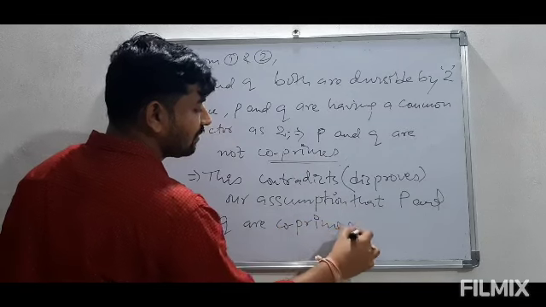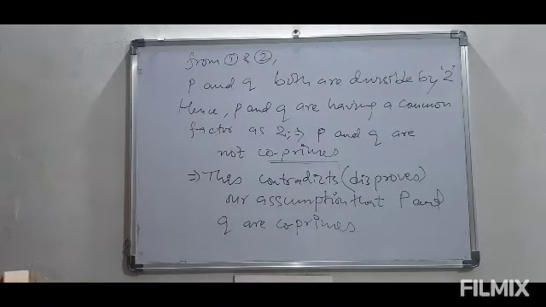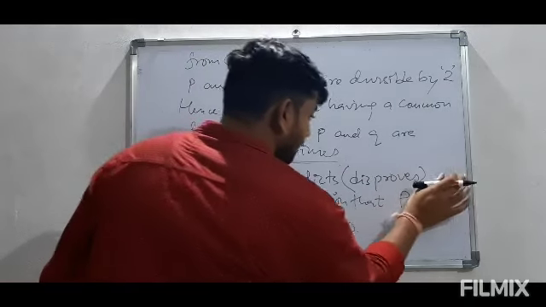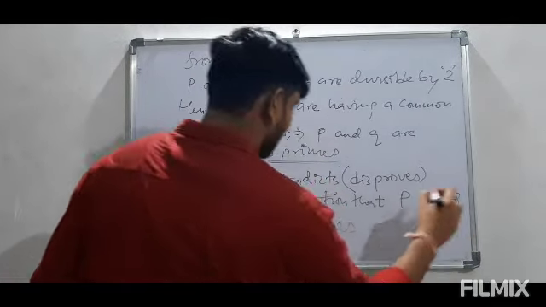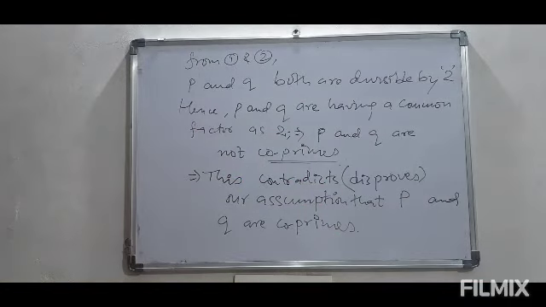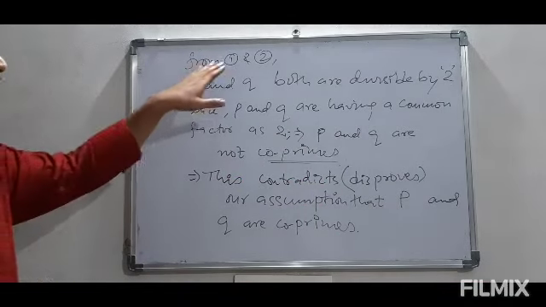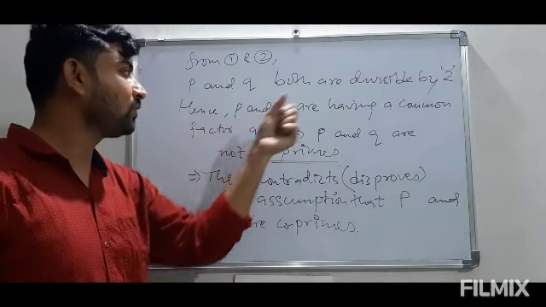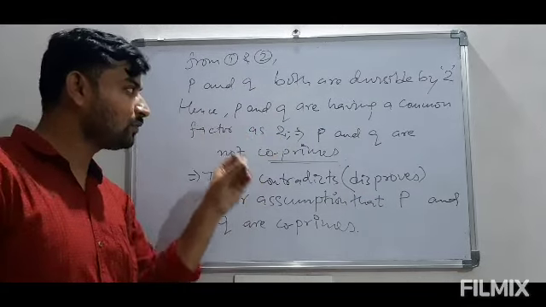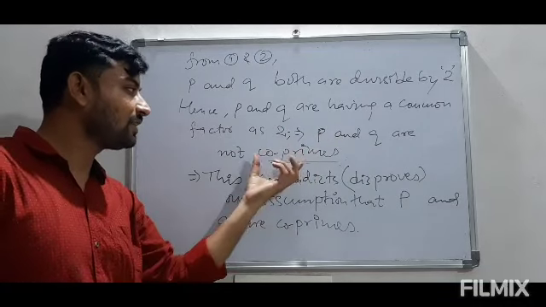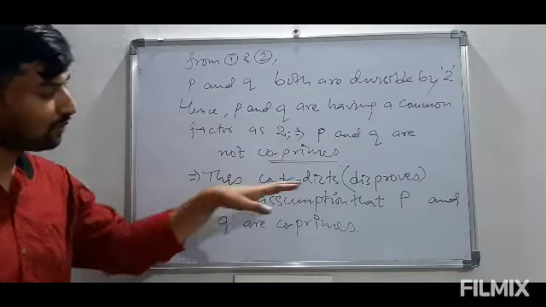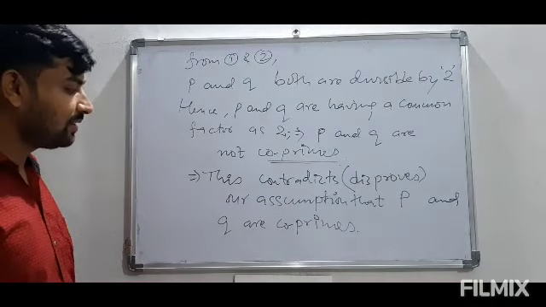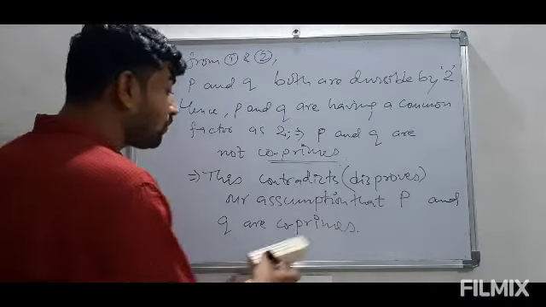This disproves or contradicts our assumption that P and Q are co-primes. So I am repeating it again. From first and second fact, we can write P and Q both are divisible by 2, so they have a common factor 2. So clearly it can be said they are not co-prime. So this contradicts our assumption that P and Q are co-primes.